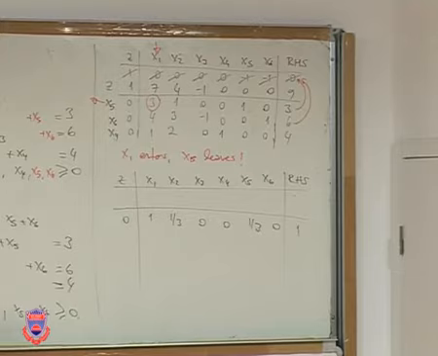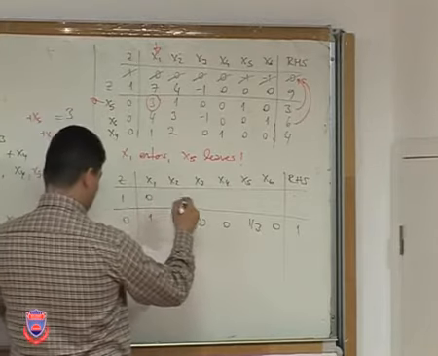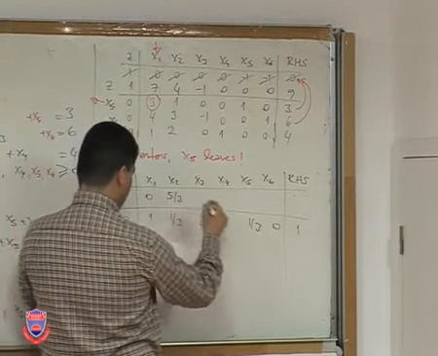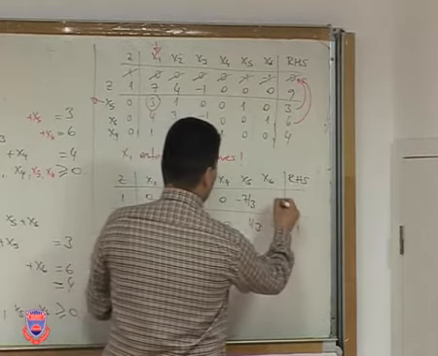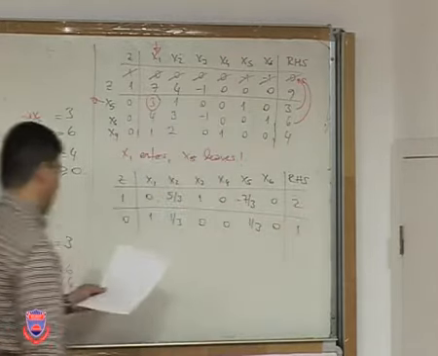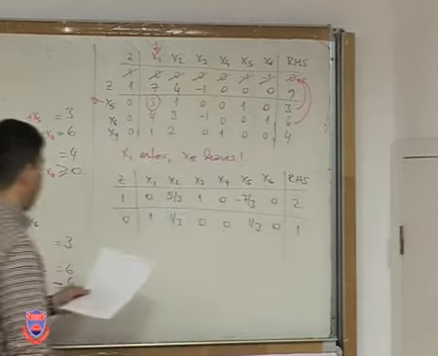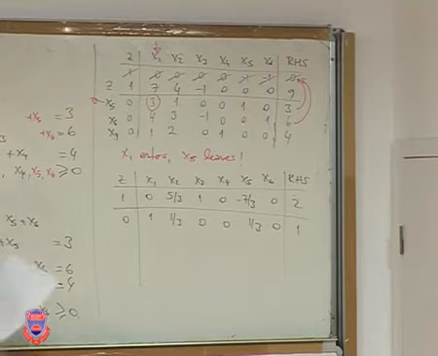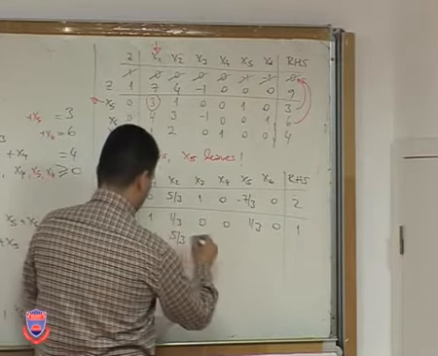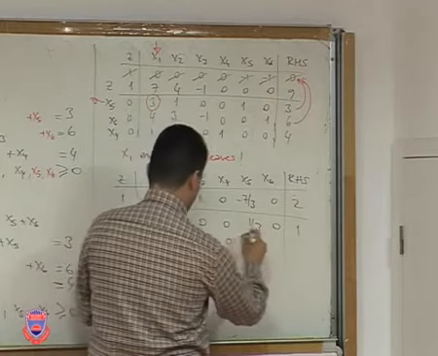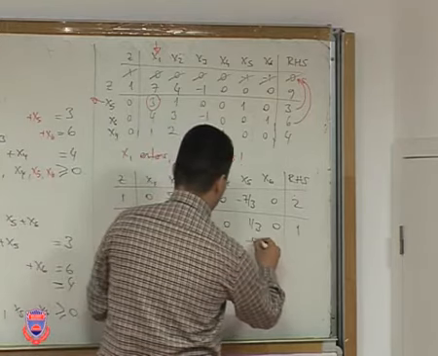Okay. Then I'm going to take the new row 1 multiplied by minus 7 and add it to row 0. And if I do that, I have the following. So 1, 0, 5 over 3, 1, 0, minus 7 over 3, 0, and 2. And then I'll take the new row 1 multiplied by minus 4 and add it to row 2. And then I have 0, 0, 5 over 3, minus 1, 0, minus 4 over 3, and 1.